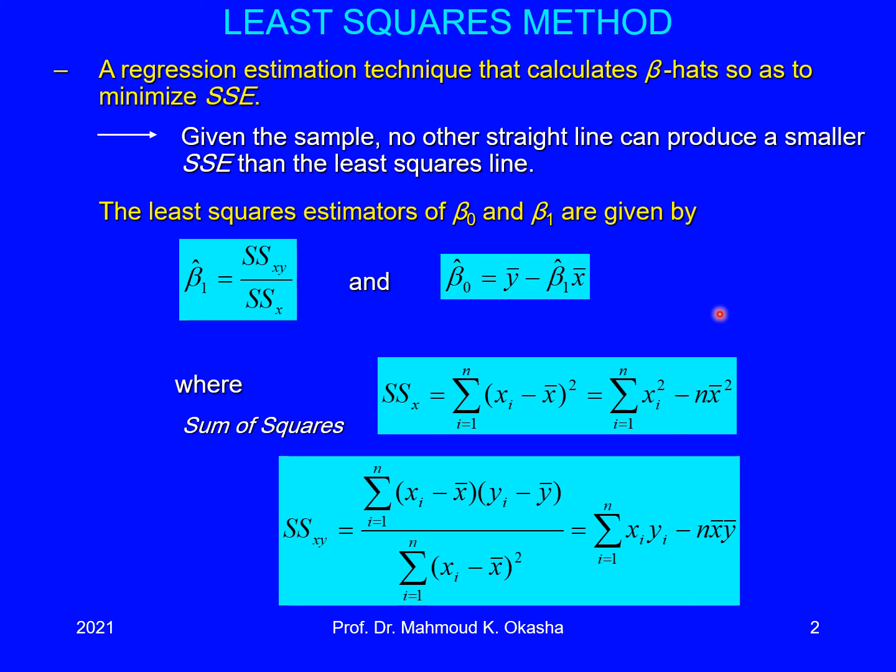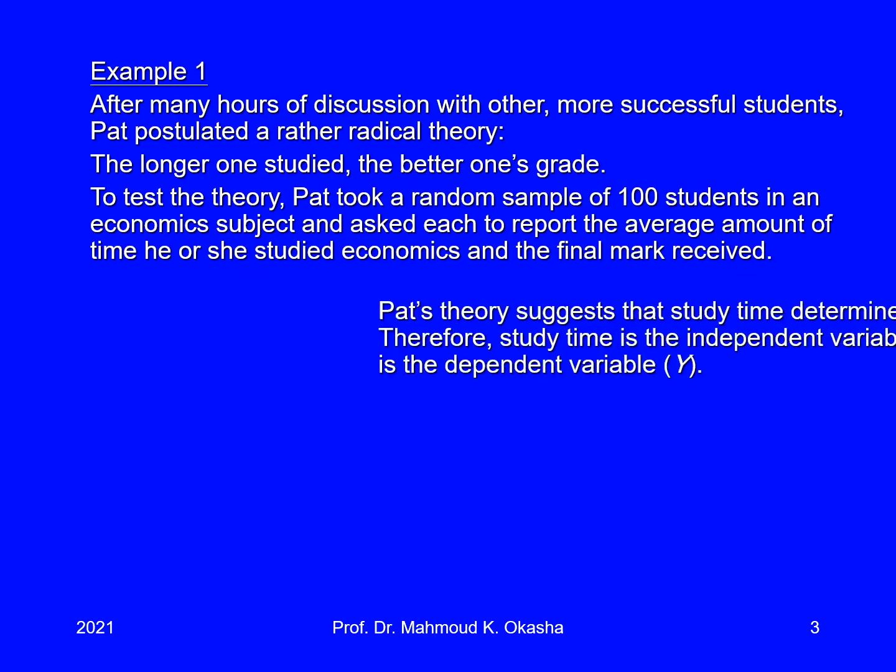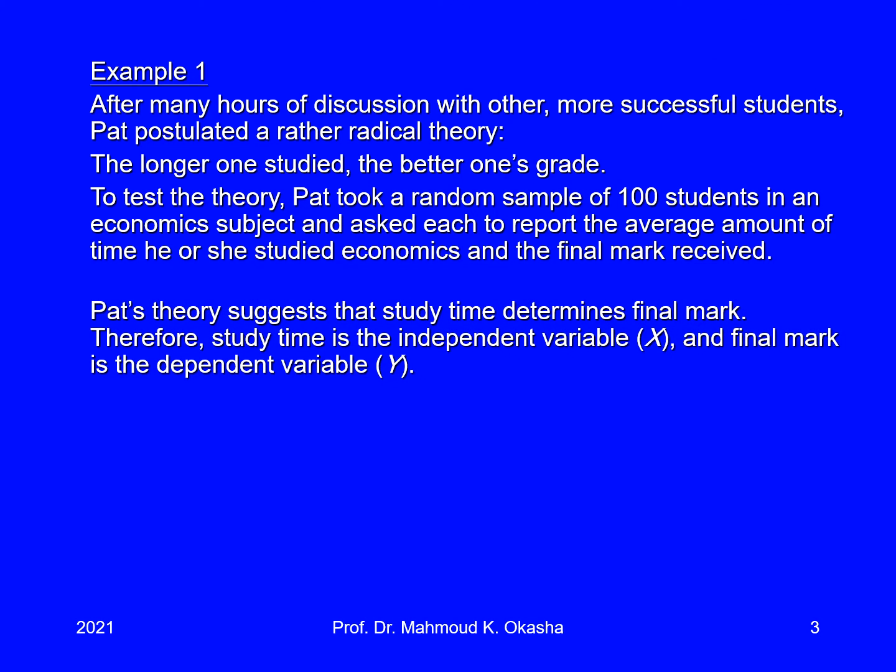The simple linear regression model is y hat equals beta naught hat plus beta 1 hat times xi. That's all. Then, if we have an example, we can compute beta naught hat and beta 1 hat in it.